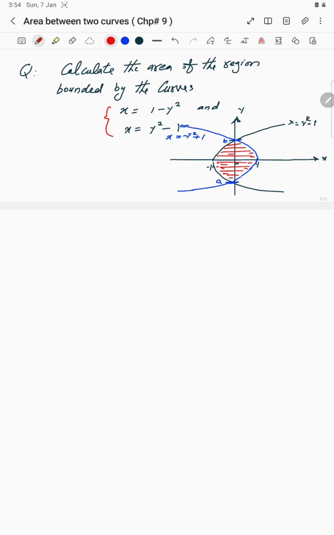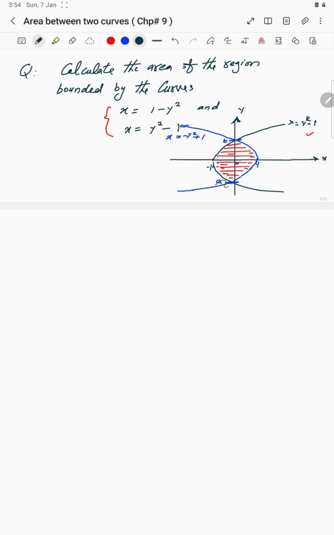X is equal to y square minus 1 is this, and the blue one is minus y square plus 1. It is very much clear that when y is 0 along the x-axis, the two curves will intersect at minus 1 and 1.